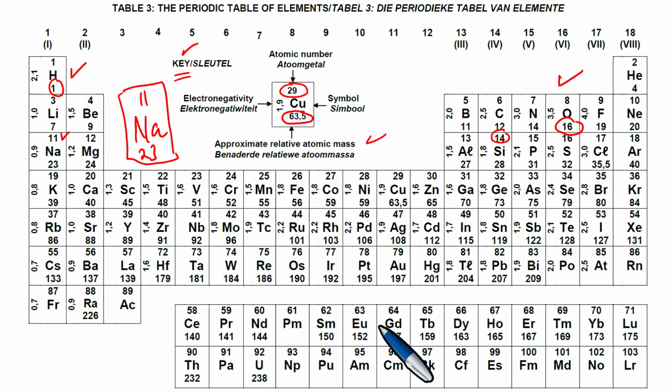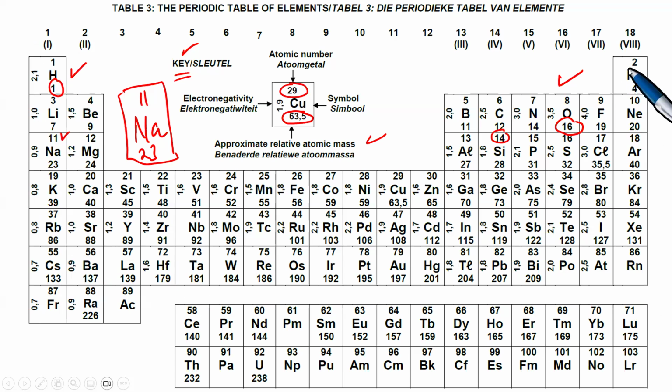If you look very carefully, rubidium is here. Sodium and rubidium are in the same group. This is called group 1 of the periodic table.